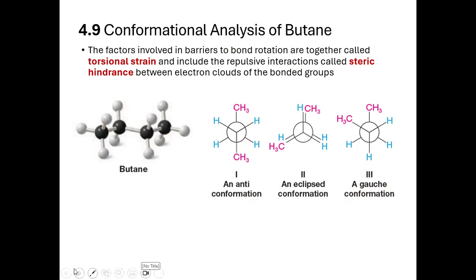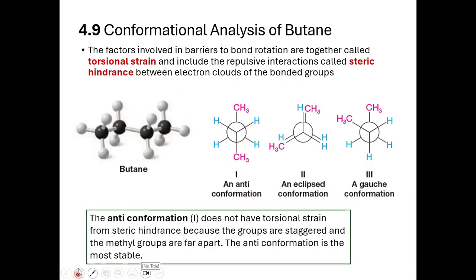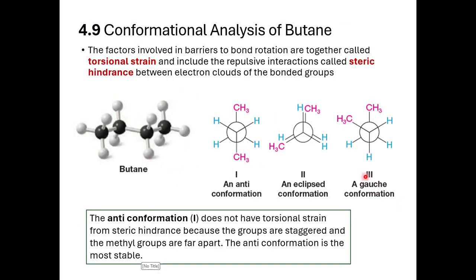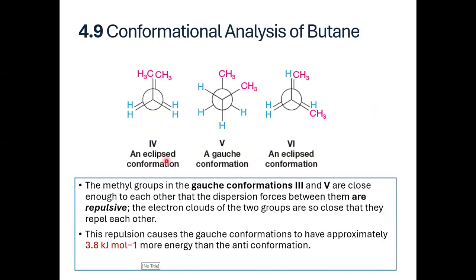There will be less repulsion among the bulky groups of atoms, and no torsional strain from steric hindrance, because the groups are staggered and the methyl groups are far apart, so it is the most stable one. Just remember that we transform from an eclipsed to a gauche to an eclipsed again, so you just have to continue.